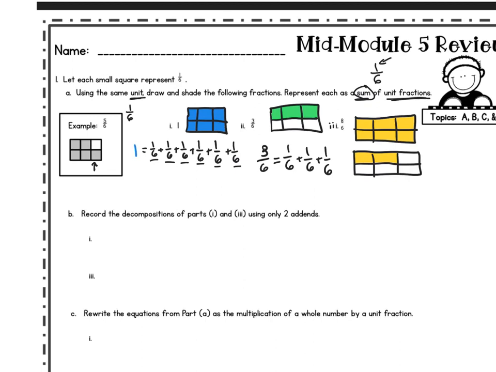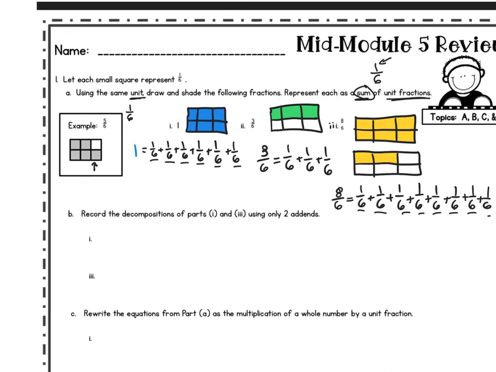And so to represent this as the sum of unit fractions, I'm going to write 8/6, and that equals 1/6 plus 1/6 8 times. So there's 6, 7, and 8. So there we have it for question 1A. 1, 2, 3, 4, 5, 6, 7, 8. Yep, there's 8/6 right there.